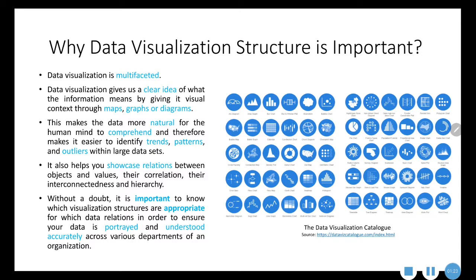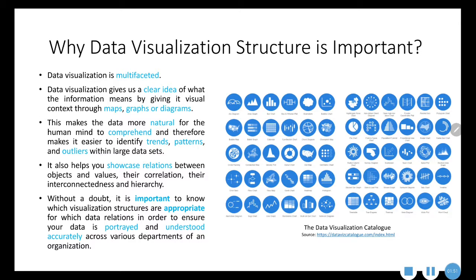Data visualization gives us a clear idea of what the information means, by giving it in visual context such as through maps, graphs, diagrams, or even charts. This makes the data more natural for the human mind to comprehend, and therefore makes it easier to identify trends, patterns, and outliers within large data sets.